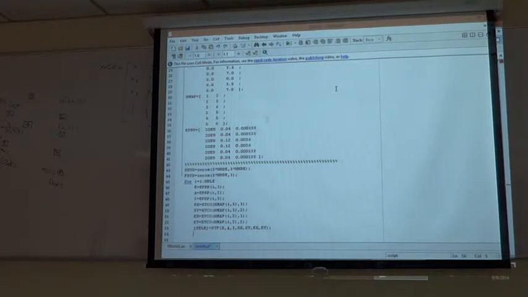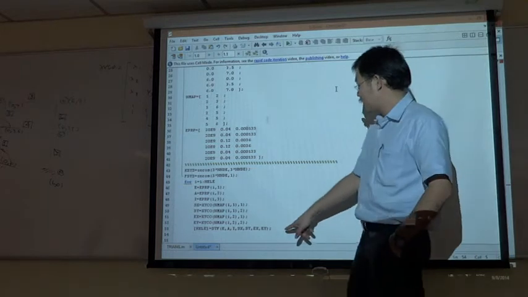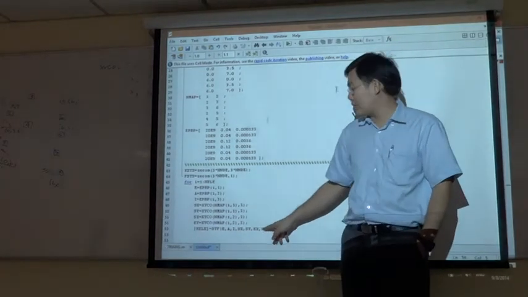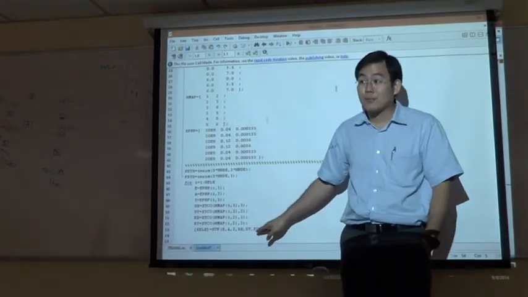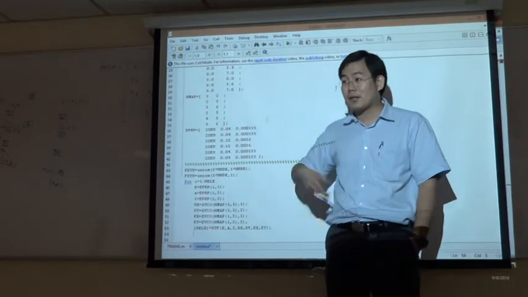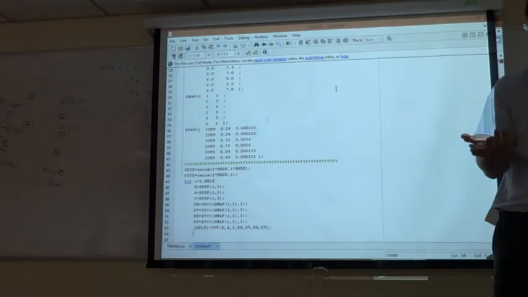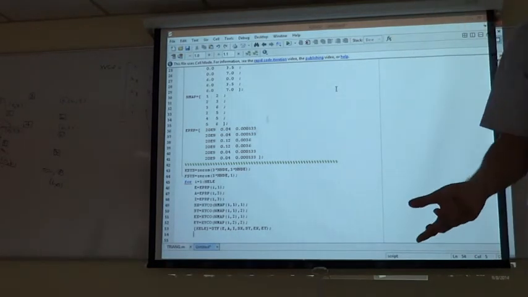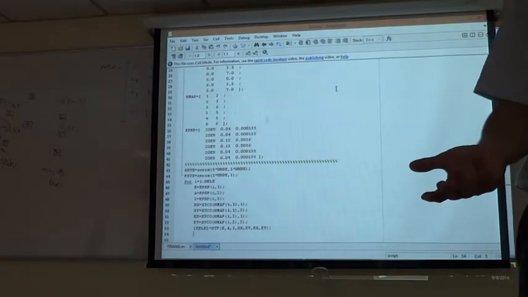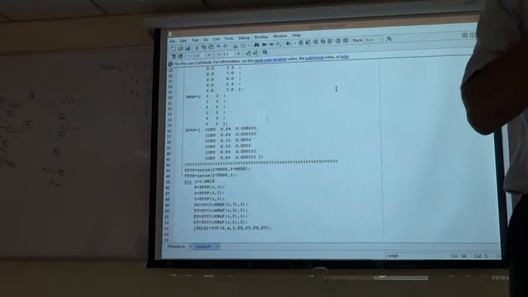As you input these parameters into this subroutine, it calculates the alpha and the stiffness matrix.